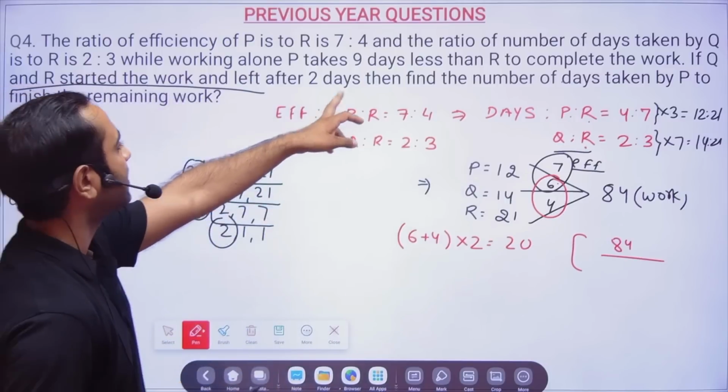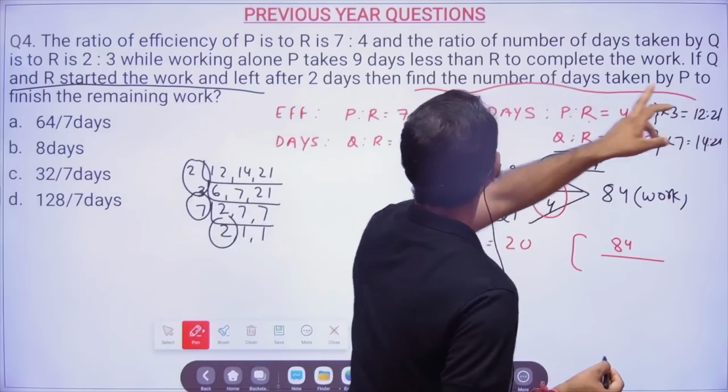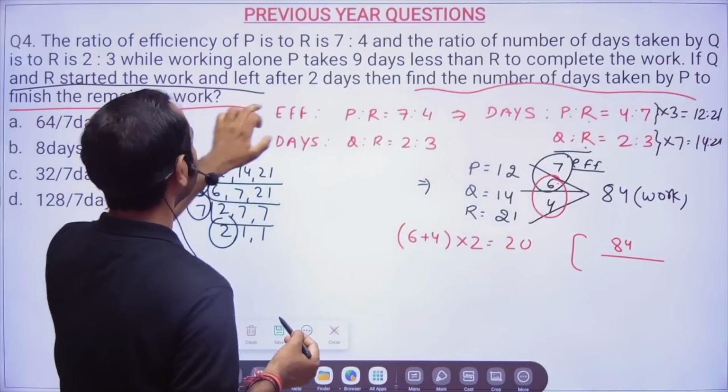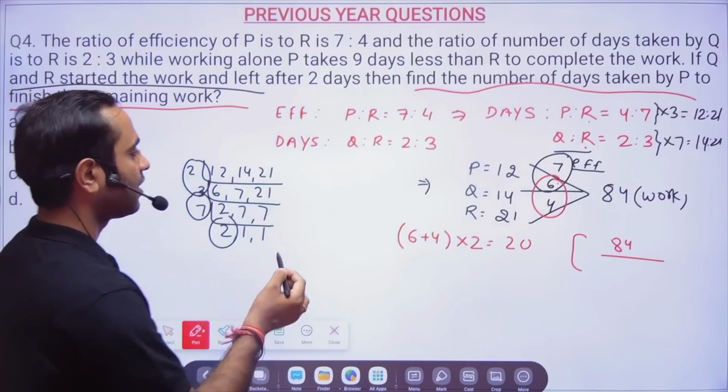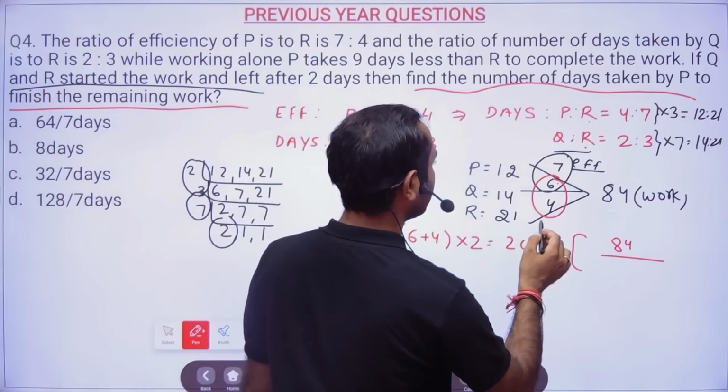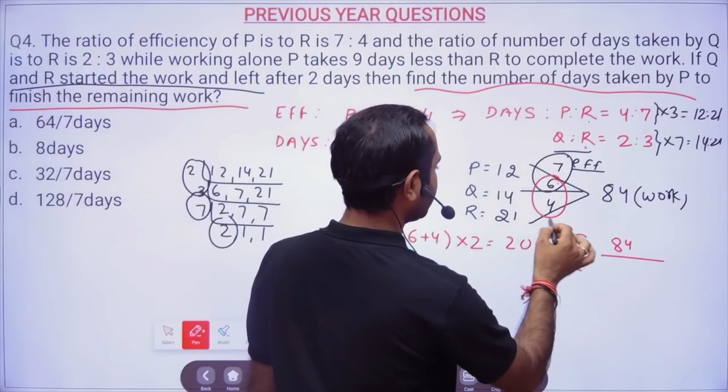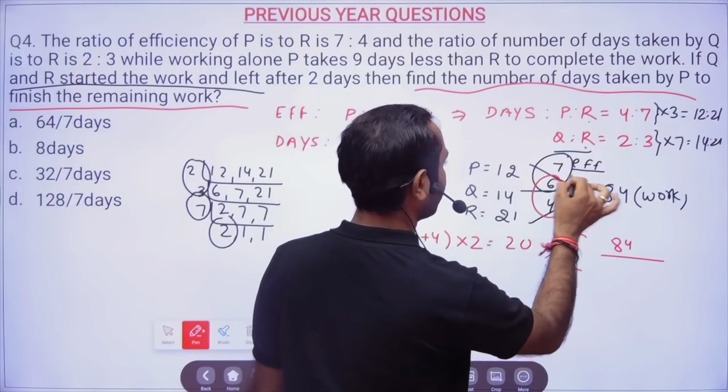Find the number of days taken by P to finish the remaining work. So P's efficiency is nothing but 7.